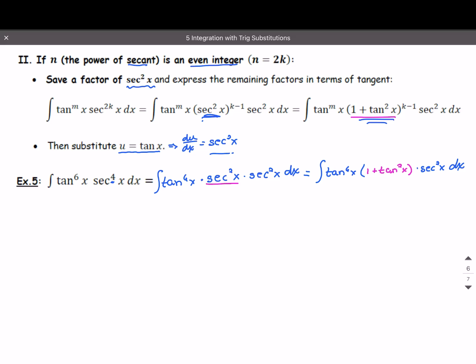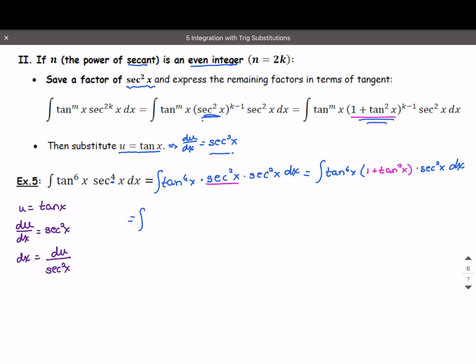Now we're ready to use our u substitution. U is tan x, du dx, the derivative of tangent is secant squared x, and then our dx would be du over secant squared x. So what do we have now?